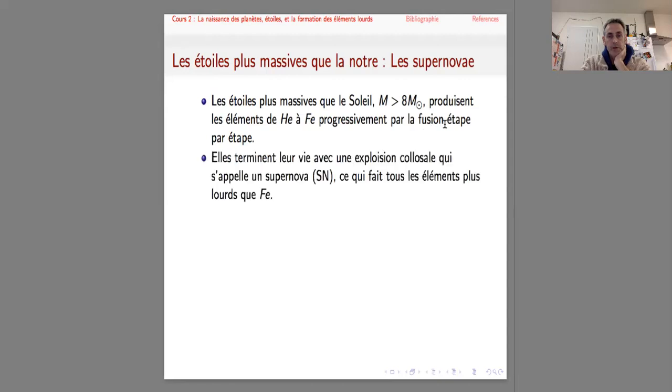But we don't have time to look into this in any more detail. But stars of these larger mass end their life in a dramatic way. They go out with a big explosion that's called a supernova, and this supernova will make the elements heavier than iron.